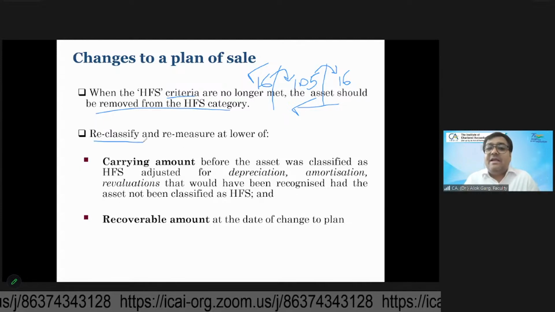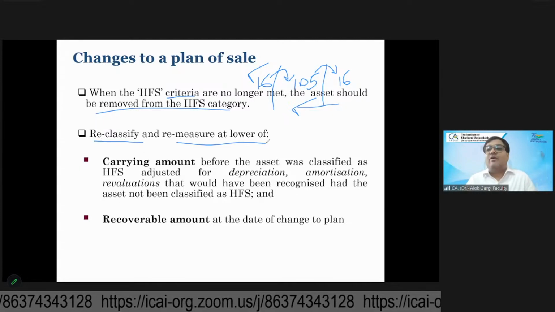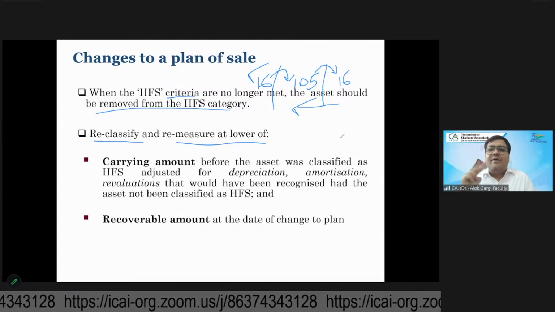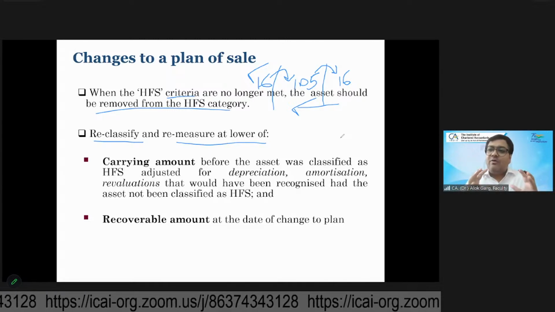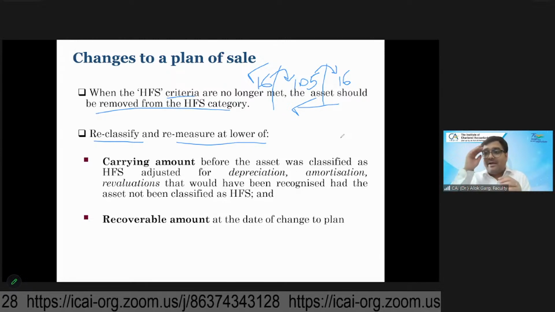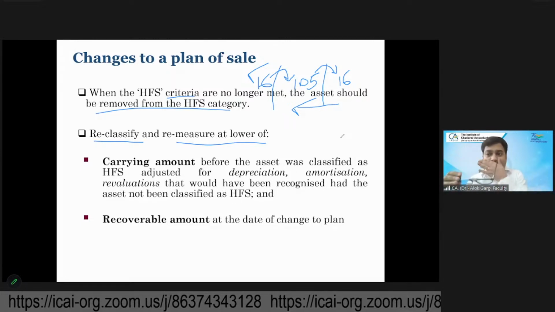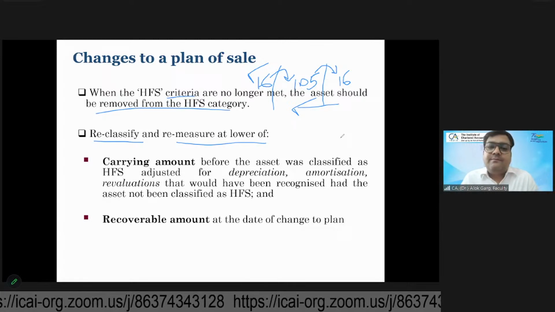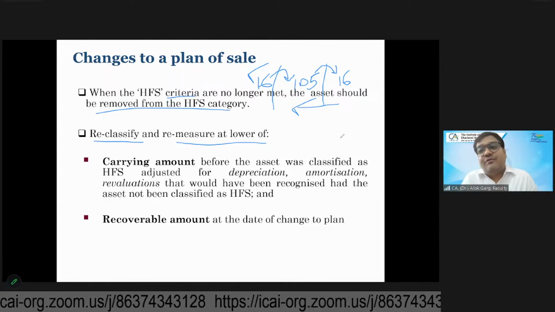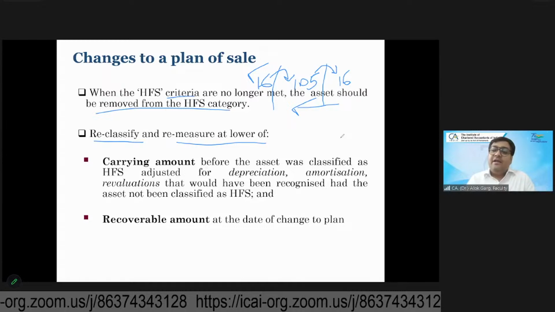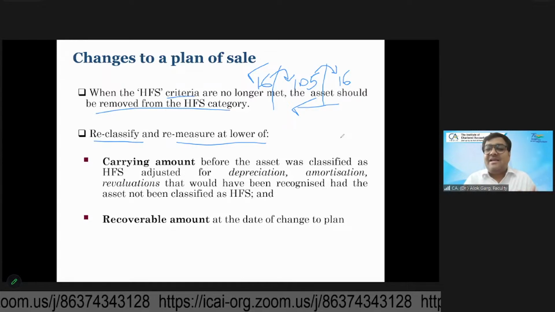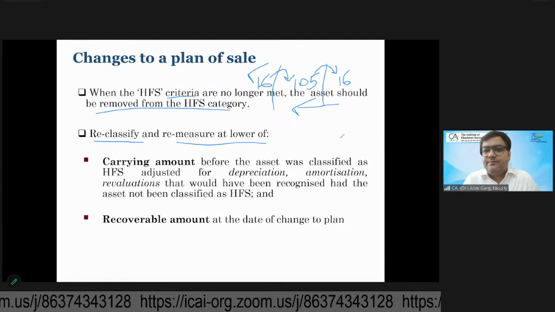It has to be reclassified and remeasured at lower of what? Again, you have to check two values, and whatever is lower, on that value you have to recognize your property, plant, and equipment. Number one, what is the carrying amount which would have been there if this asset had never been held for sale?